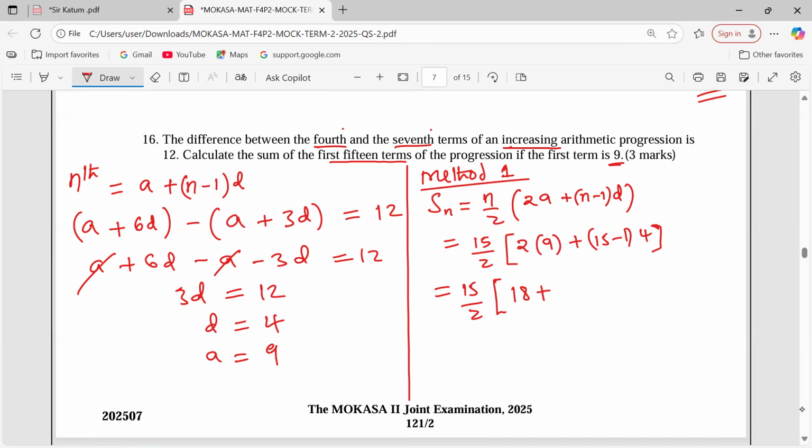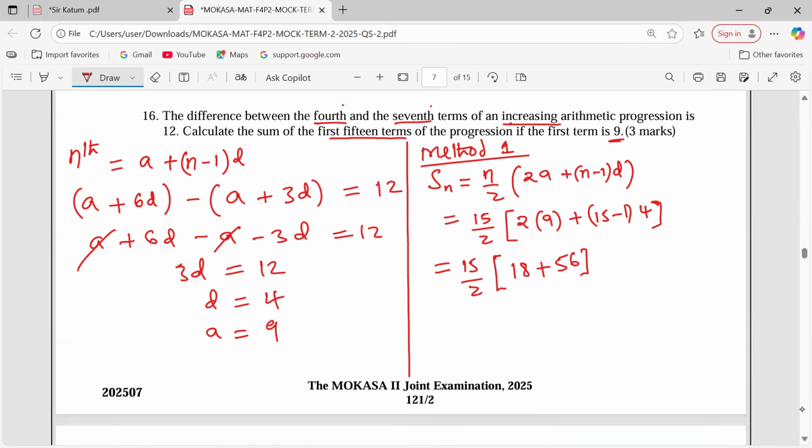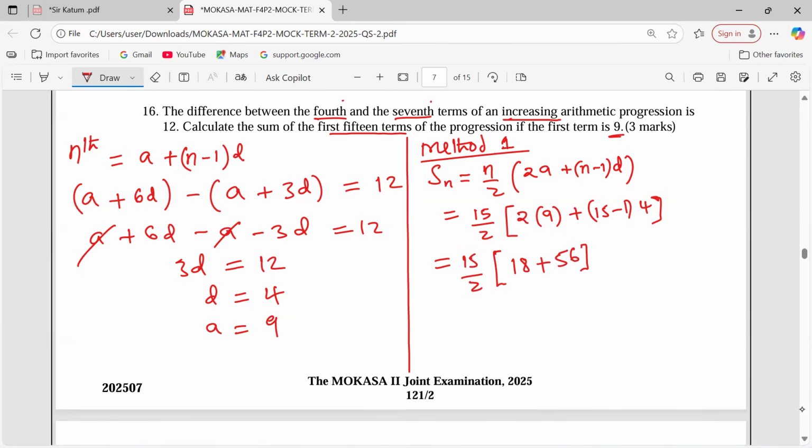This gives us 56. So 56 plus 18 becomes 74, times 15 over 2. This gives us 555. So that is the sum of the first 15 terms.